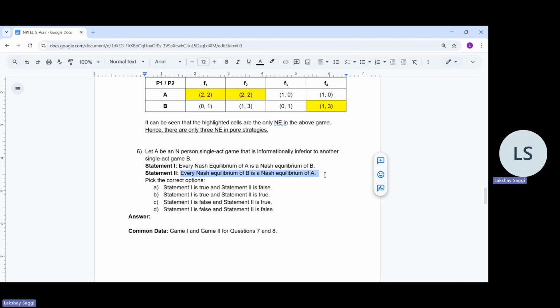So the simultaneous game is an informationally inferior game to the actual extensive form game, but the actual extensive form game can have two Nash equilibria, one corresponding to the simultaneous game and the other corresponding to the dynamic game. Whereas the simultaneous game only has one equilibrium. So this is definitely incorrect. Statement one is true and statement two is false. Actually, this is the correct answer. Option A is correct. And this is discussed in the lectures.